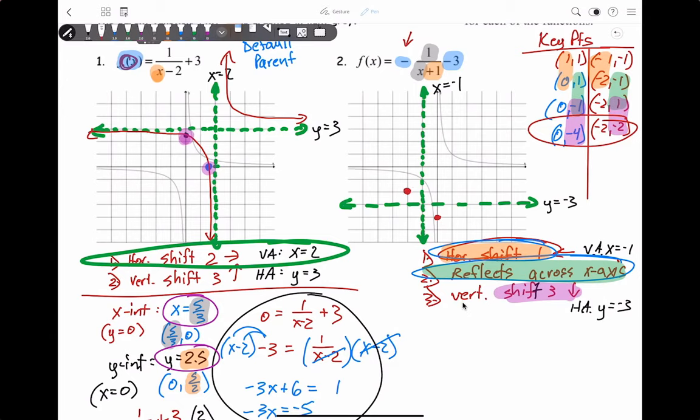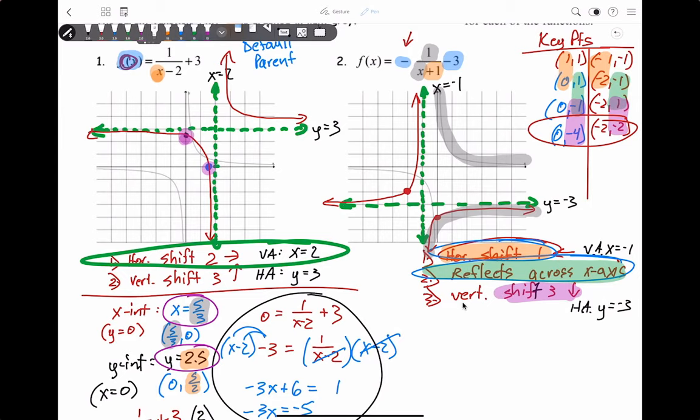And now if I did more points, I would see that this graph is going to look something like this. And notice that because of that reflection, I no longer have the first and third quadrants. This original first quadrant got vertically reflected and ended up becoming this piece down here.